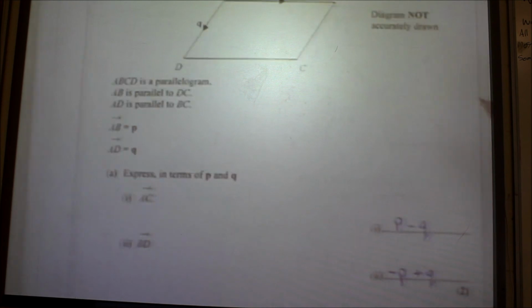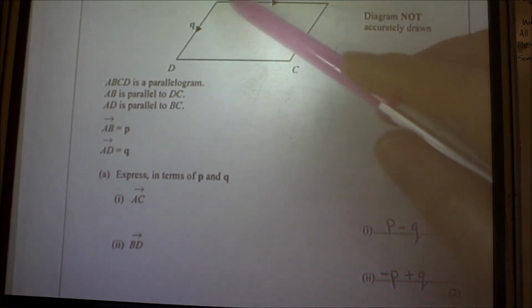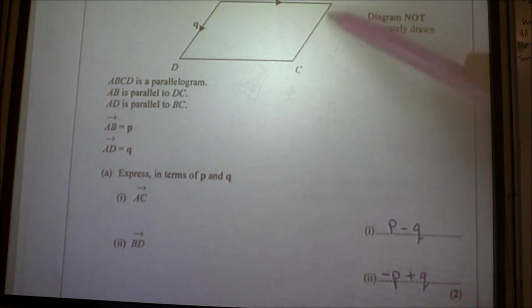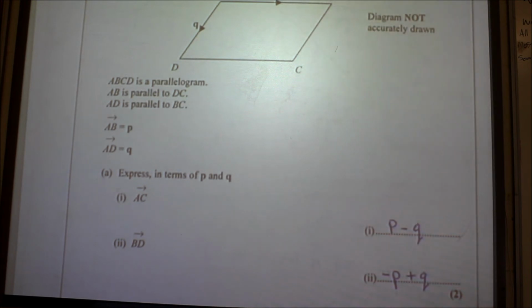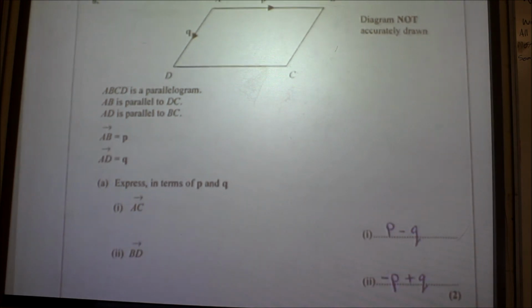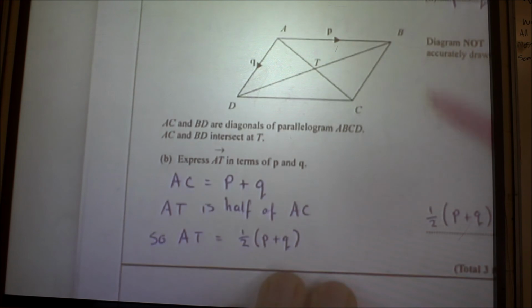Next question, this one is question 6. Here's a parallelogram, find AC. AC is P take away Q, because you go AC, P minus Q. Find BD: it's minus P add Q. It's minus P because we're going against the flow of the arrow. There's another one down the bottom here.